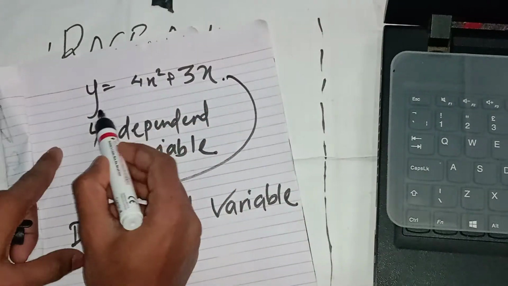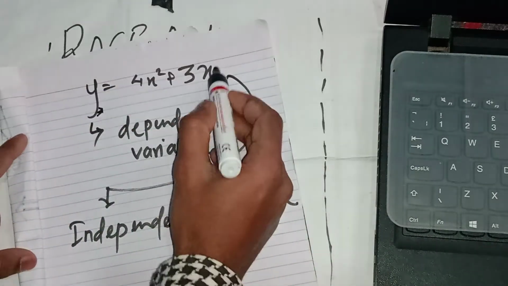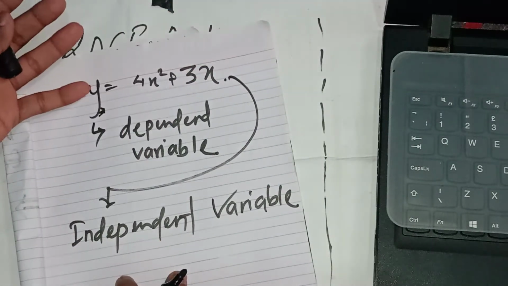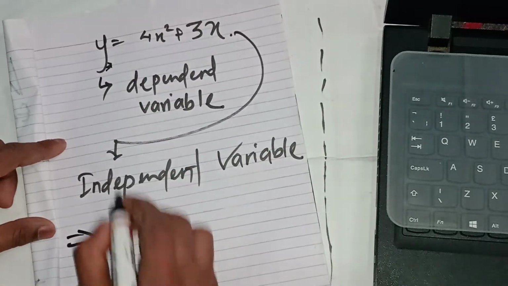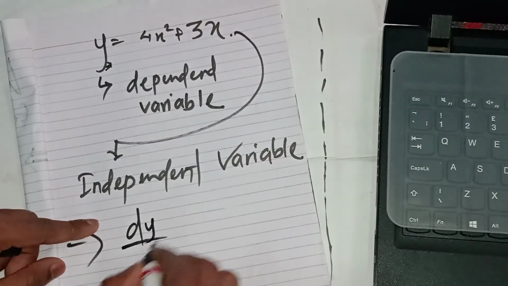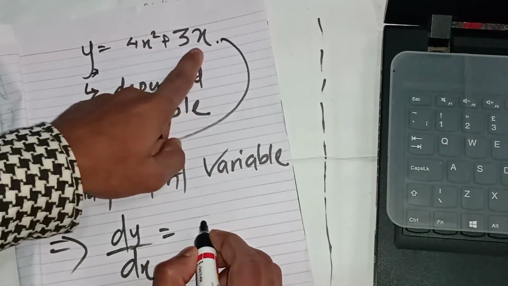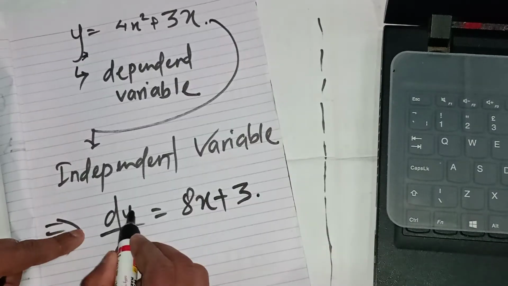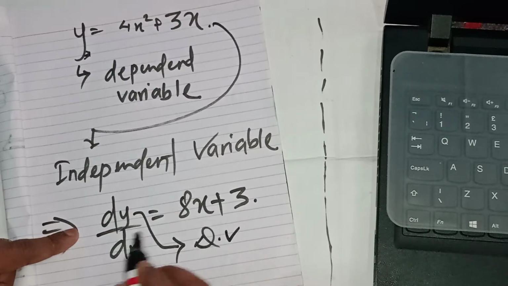Because the value of y totally depends on the input of x, and how much we put in x changes the value of y. This is why x and y are defined so. This can be written as differentiation dy by dx with respect to x, and on doing the derivation in this equation, we get 8x plus 3. Look at this, y is the dependent variable and x is the independent variable.